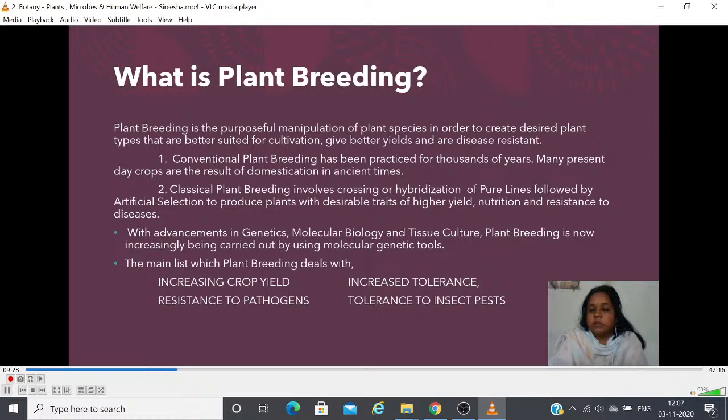So the plants which are formed after this hybridization are generally pure lines. Pure lines means they have the same genetic constitution. This sameness of genetic makeup is called homozygous. This homozygosity of plants, having the same genetic structure, is mostly achieved by artificial selection, and they are crossed.